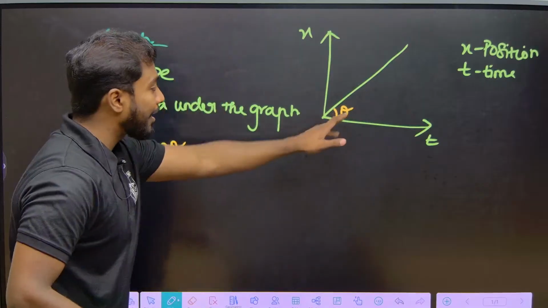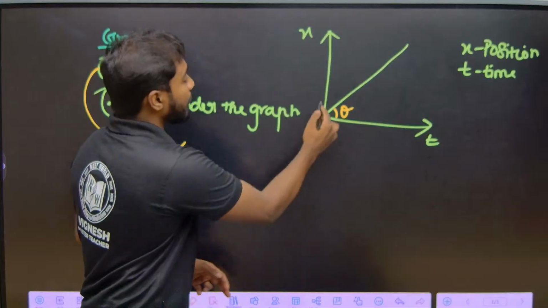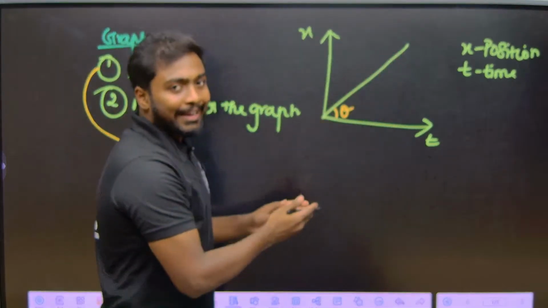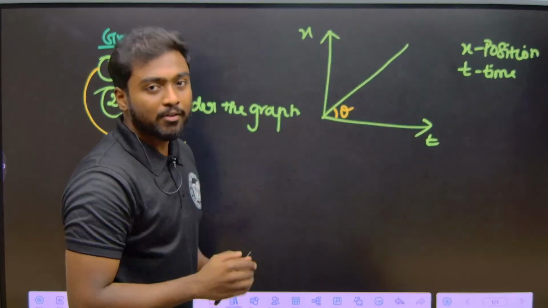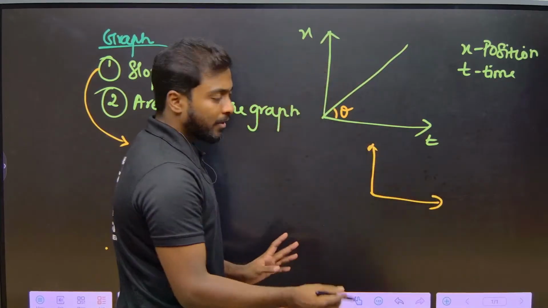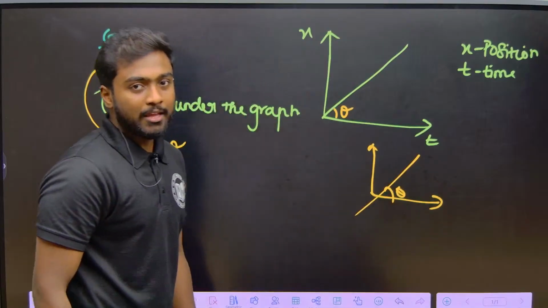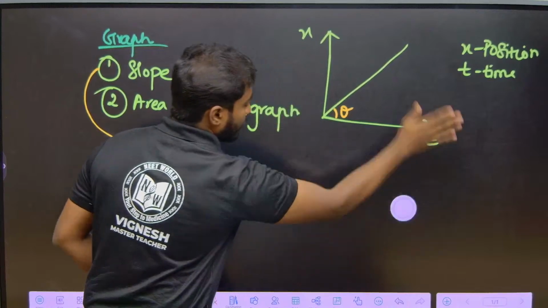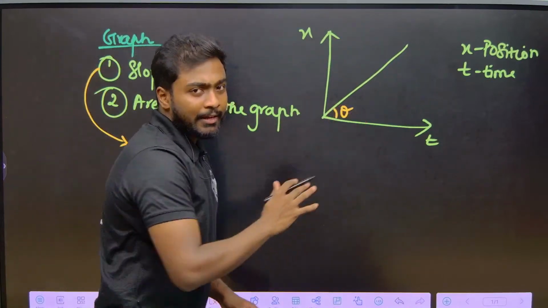See how I am taking the angle here, not here. Whenever we are talking about a slope, the slope line should be made with respect to horizontal. So whatever graph is given, if I want to draw the slope with respect to horizontal, I should take the angle. I hope you got clear about why we have taken theta.